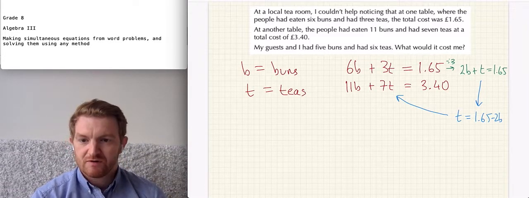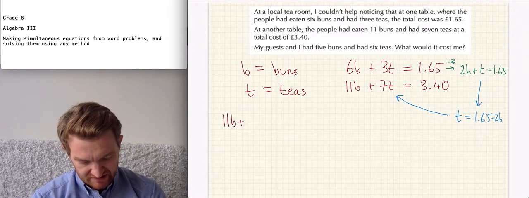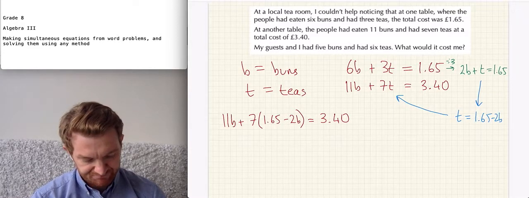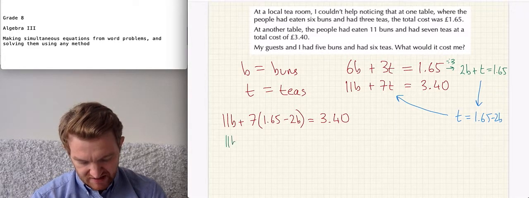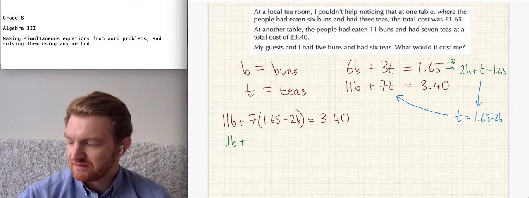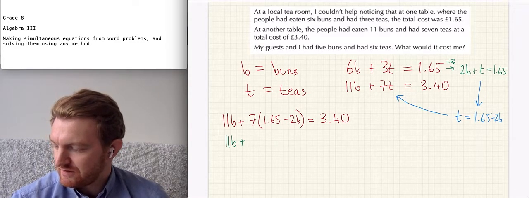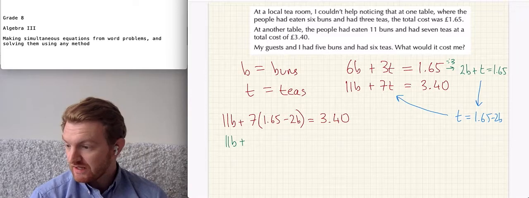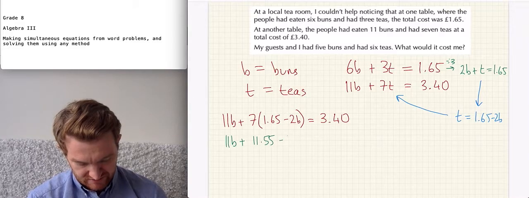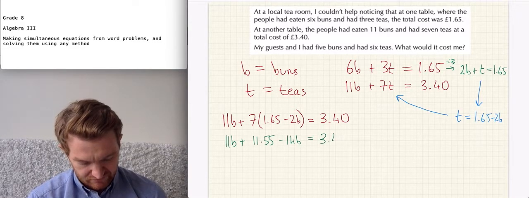So I'd have 11b plus 7 lots of 165 minus 2b is equal to $3.40. Don't worry about the negatives, they're going to cancel out in a minute. So I'd then say 11b plus 7 times 165. I'd do that on my calculator because I didn't write it down. That's 1155 minus 14b is equal to $3.40.